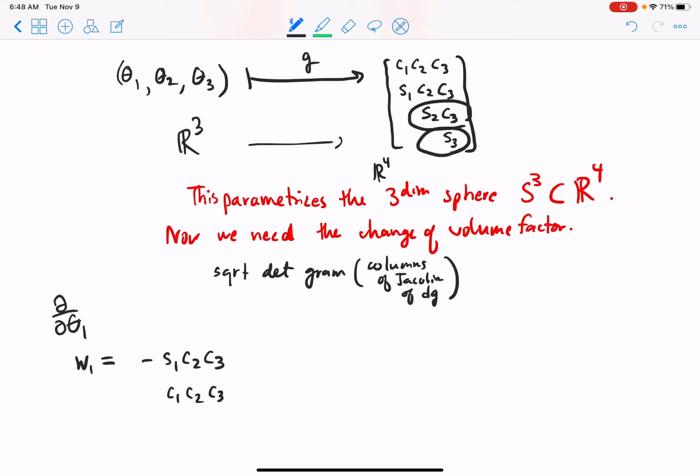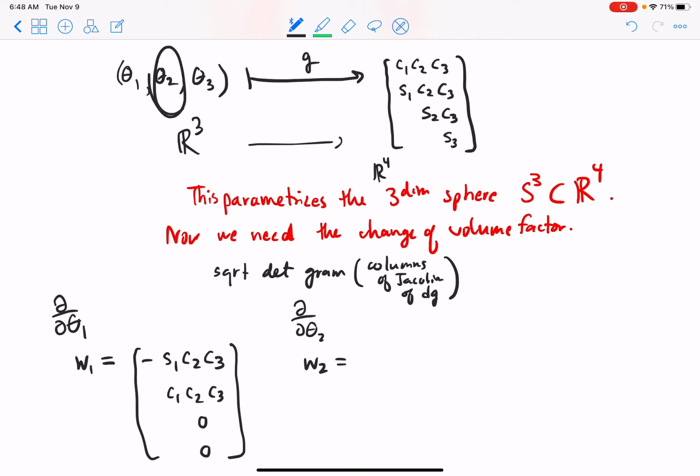There is no theta 1 in these third and fourth components. Okay. W2 is partial theta 2, the second input variable. Take the derivative in theta 2, and right here, a cosine becomes minus sine. Here, a cosine becomes minus sine. Here, a sine becomes a cosine. And this has no theta 2, so the derivative is 0 there.